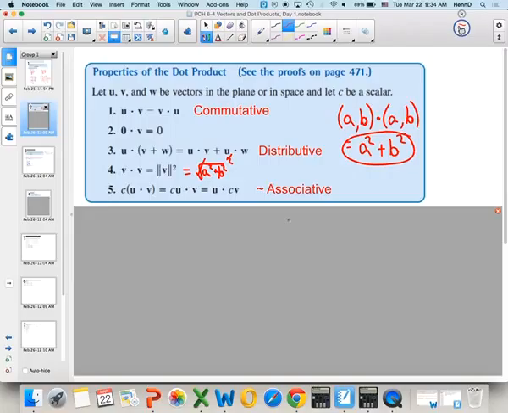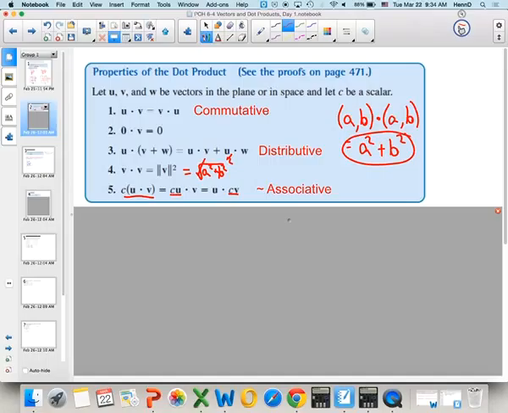And then number five, if you have a constant times a dot product, you can either do the dot product first and then multiply by the constant, that's what this is saying, or you can multiply either one of the two vectors by the constant and then do the dot product.